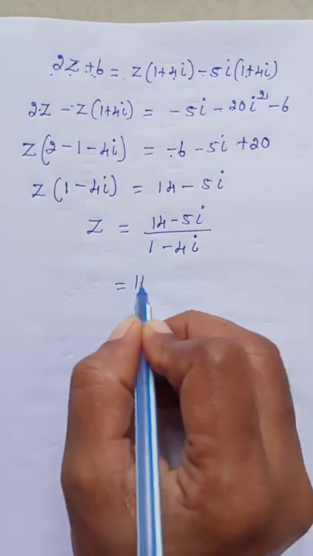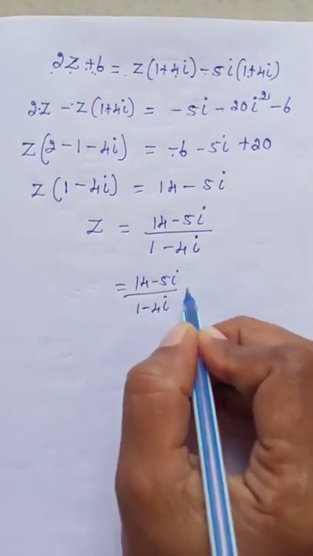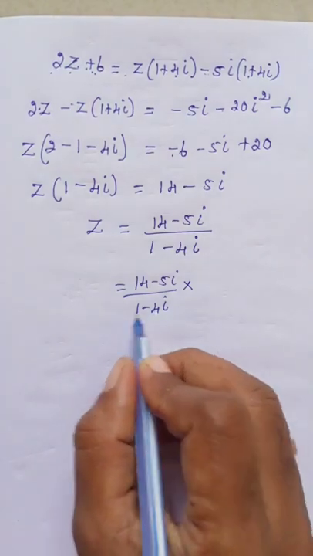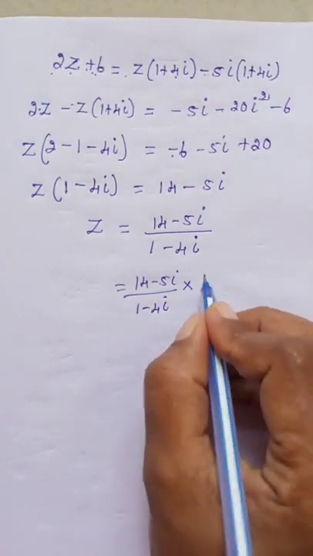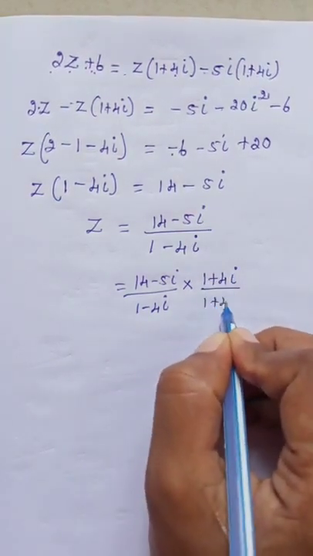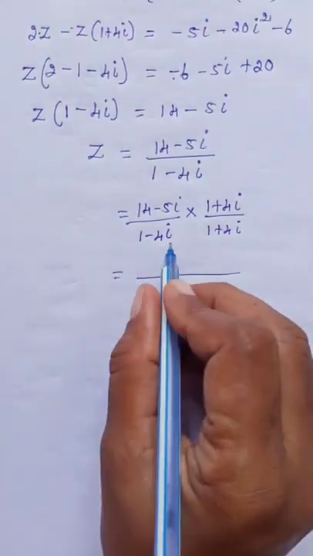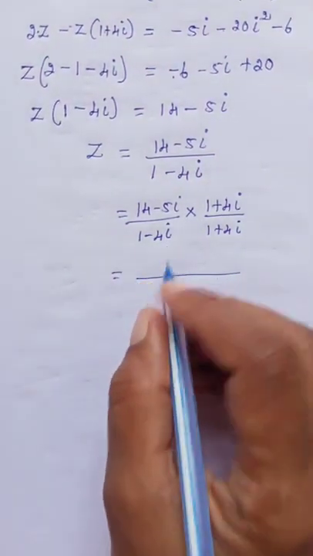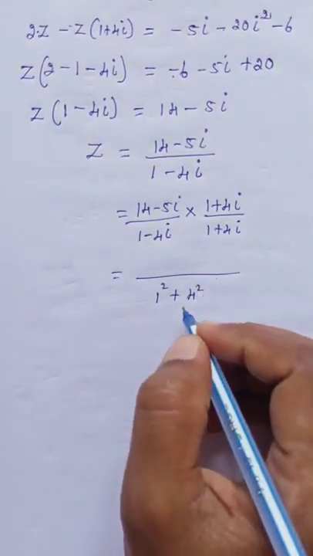In order to simplify, see (14 minus 5i) by (1 minus 4i) into, we know that we have to take the conjugate and multiply both numerator and denominator. So (1 plus 4i) by (1 plus 4i). This is (x plus iy) into (x minus iy), x square plus y square. So 1 square plus 4 square.